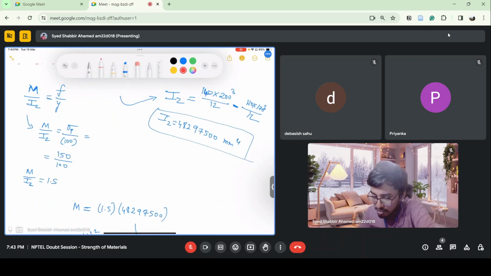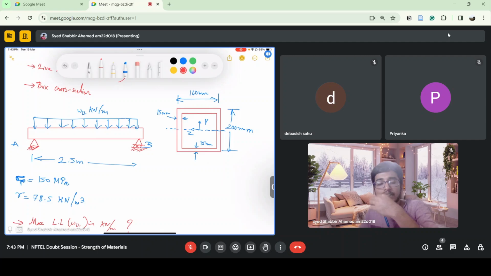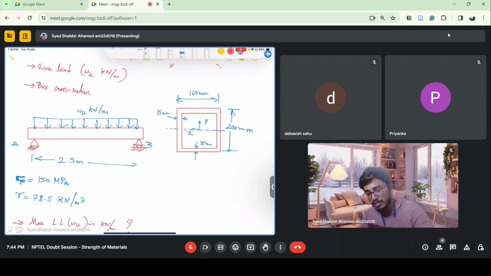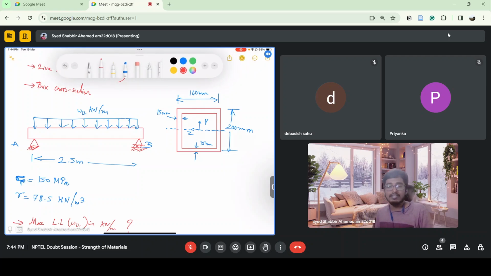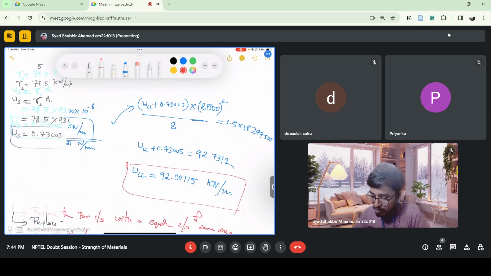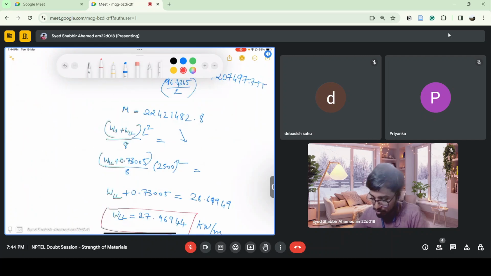You can see that in a box section, basically the material is away from the neutral axis, or the axis from which we are calculating the moment of inertia, the axis about which the bending is happening. So as long as the material is away, it will give me the maximum moment of inertia, and maximum moment of inertia is more resistance. More resistance means it can take more load. That's why you get 90 something.